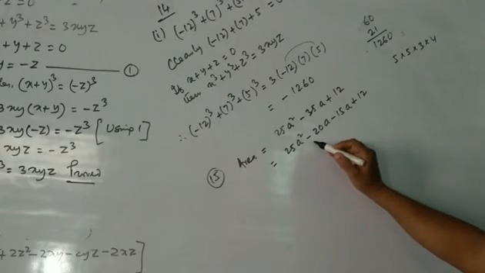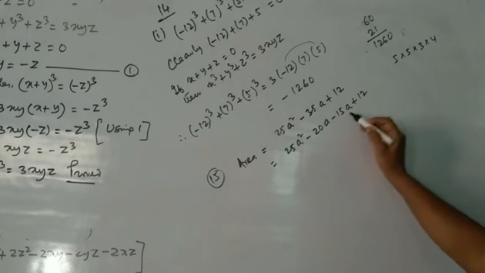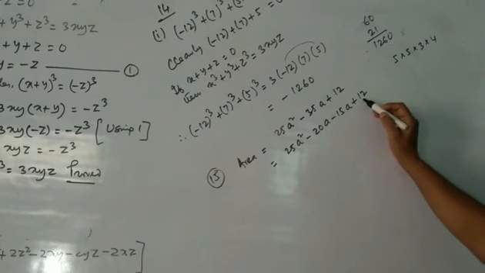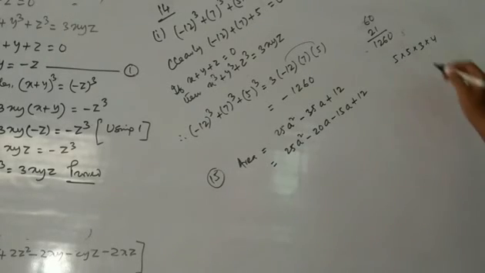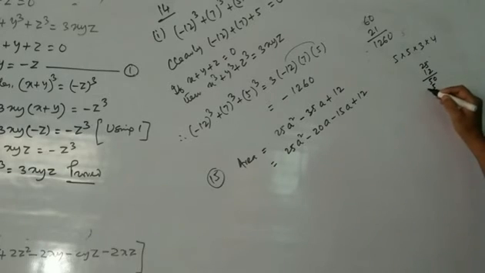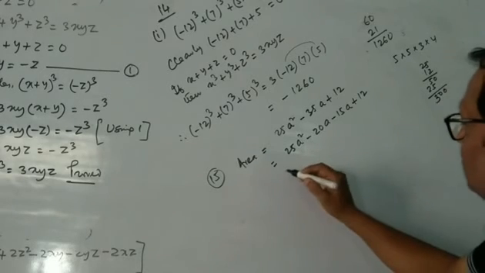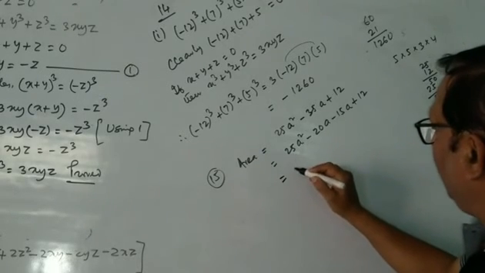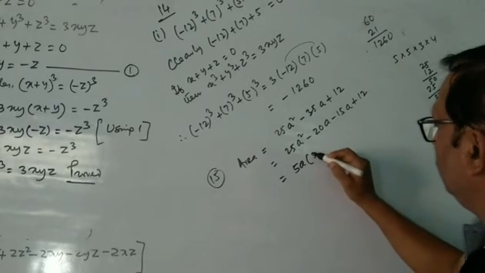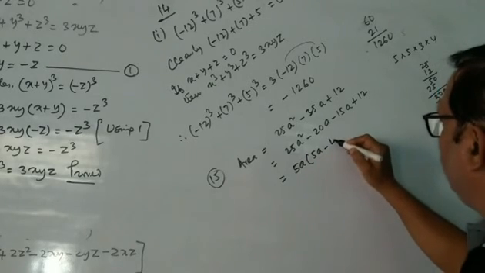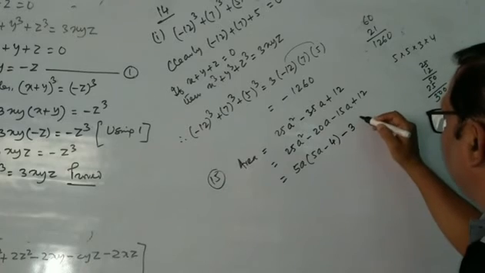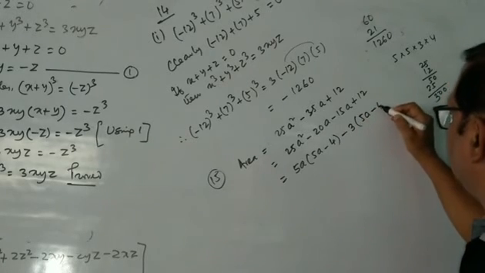Minus 35 is split as minus 20a minus 15a, so that their product will be 25 into 12, that is 300. After this, we will take 5a as common from the first two, it will be 5a - 4. Take 3 as common, it will be 5a - 4.